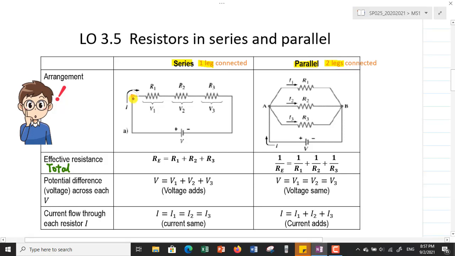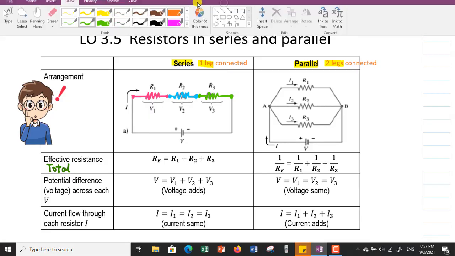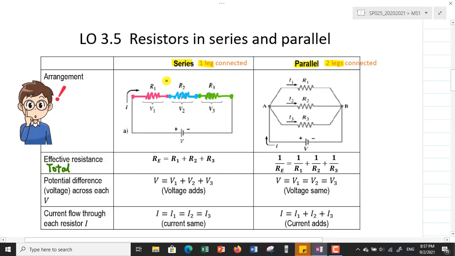Let us recall. So, this is our first resistor. Then we have the second resistor, R2. We have the third resistor, R3. So class, if you notice, we only have one lead joined together.